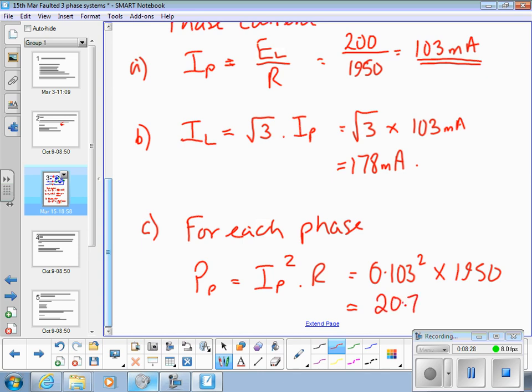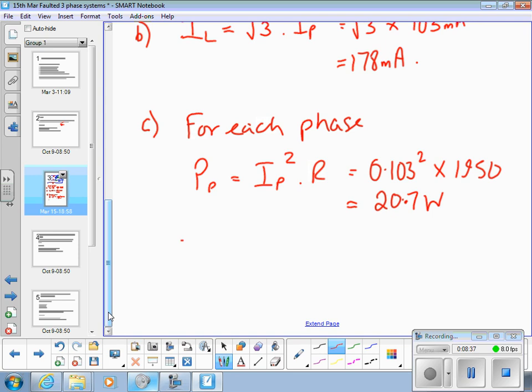That's 20.7 watts. Therefore the total power equals 3 times 20.7, which is 62.1 watts.